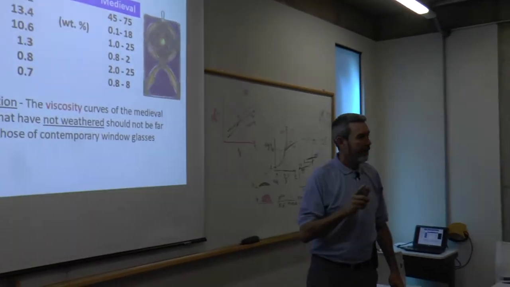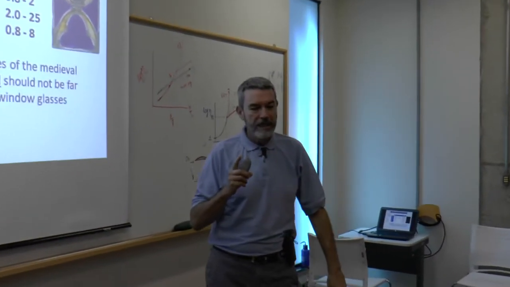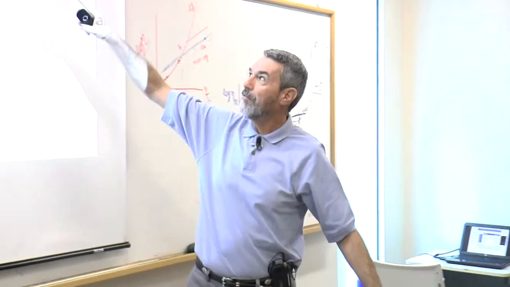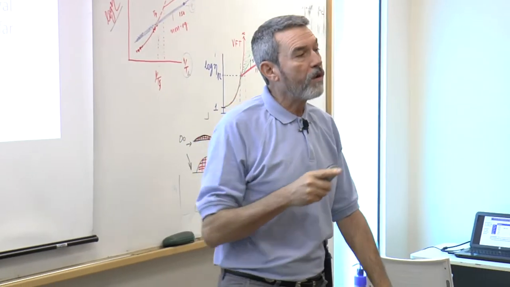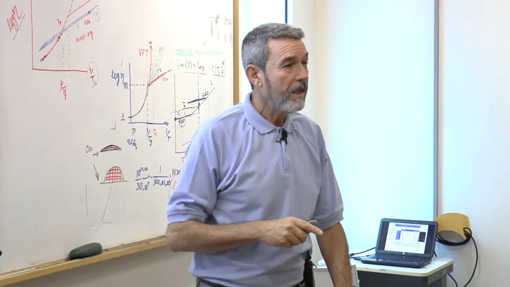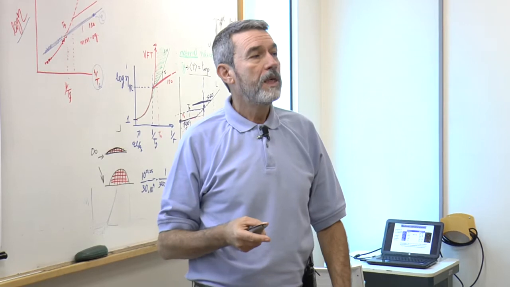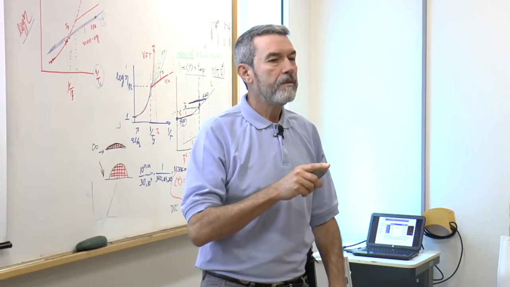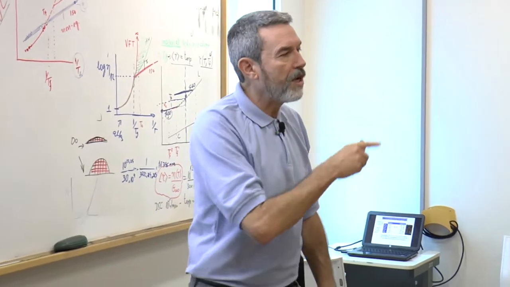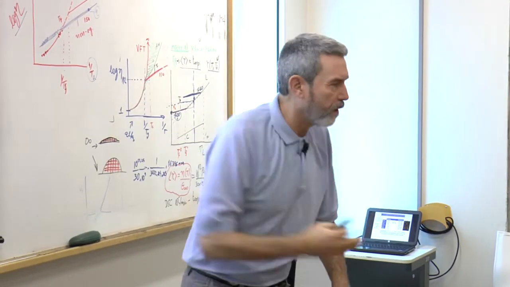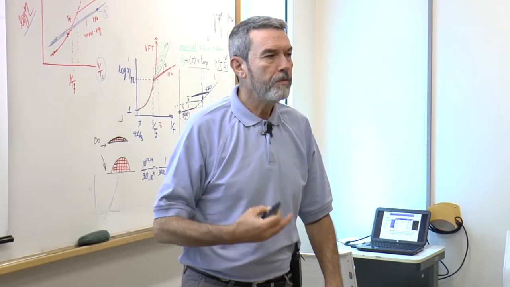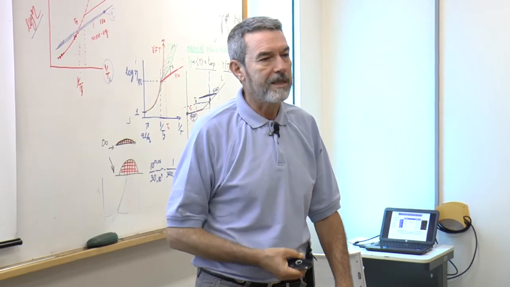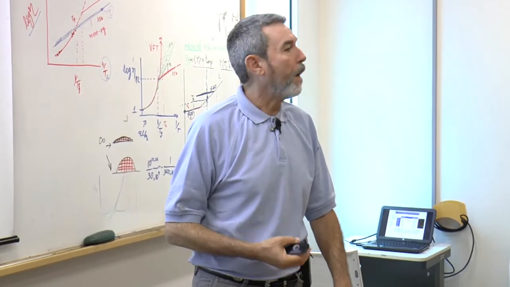However, this is the key feature, and it needs a lot of knowledge. If any of these glasses had a much lower viscosity, they should have a lot of... a question to you: which type of elements would lower the viscosity? They should be rich in which type of elements or oxides? Alkali.